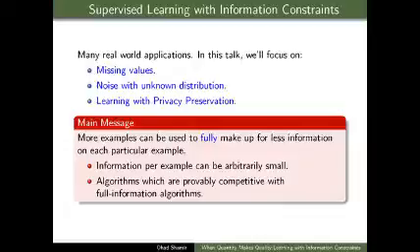Specifically, I'm going to discuss three settings: missing values, noise with unknown distribution, and learning with privacy preservation. And I'll explain each of those in much more detail later on. But I'd just like to point out the main message or common theme of my talk, which is showing how it's possible to construct algorithms which, by getting more examples, are able to fully make up for the fact that you have less information on any particular example.